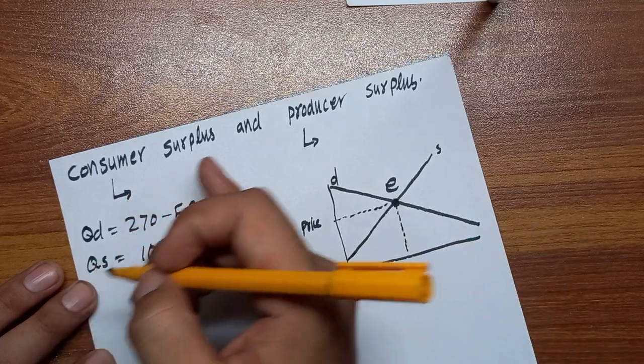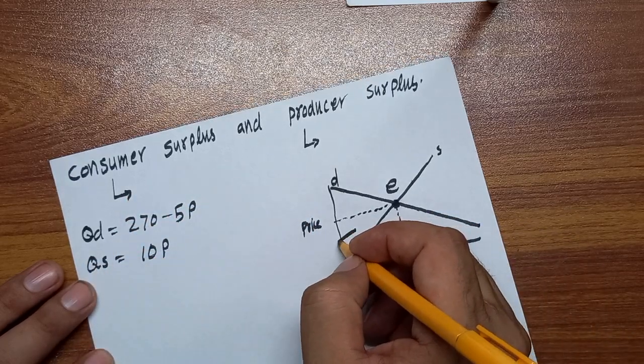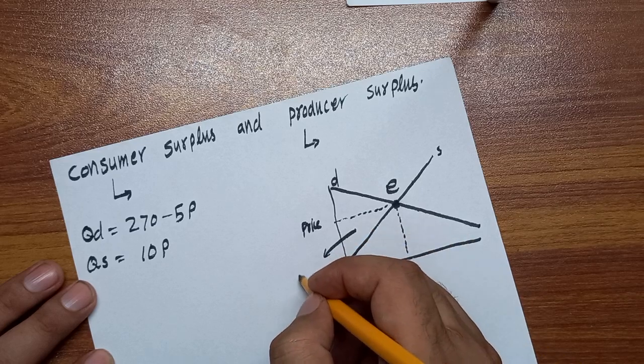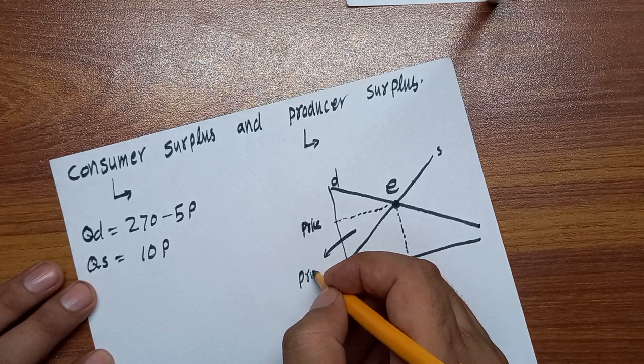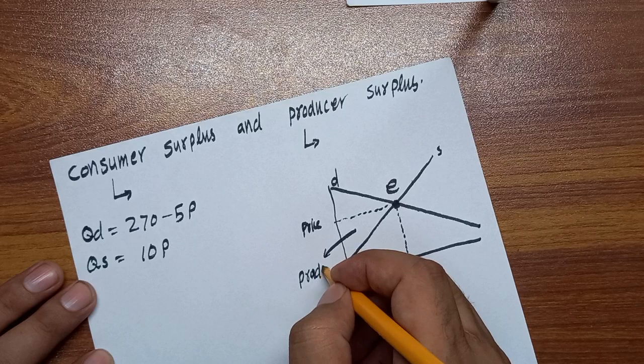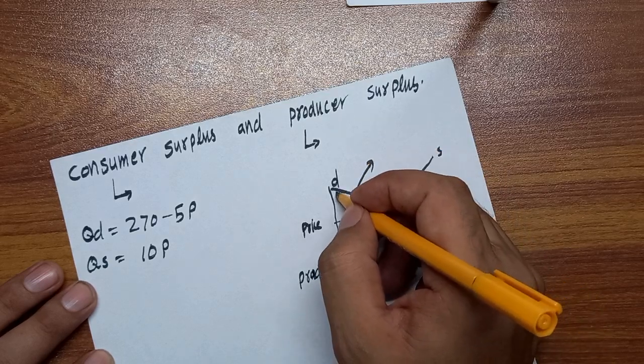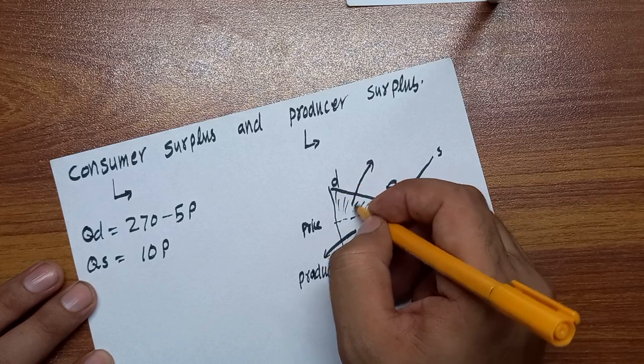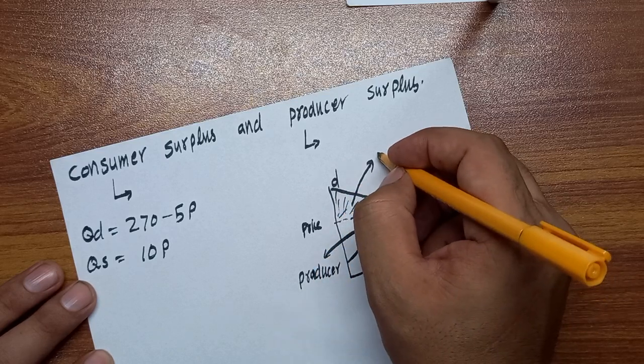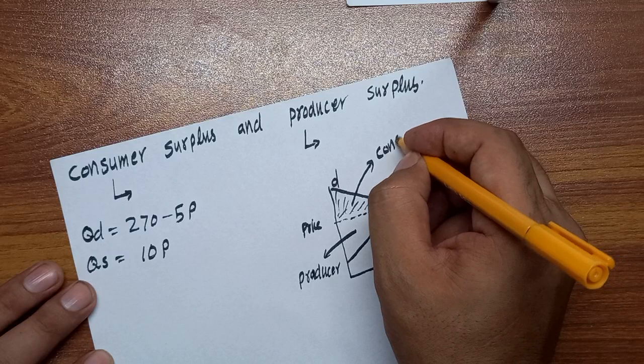Now this area represents producer surplus, and this whole area represents consumer surplus.